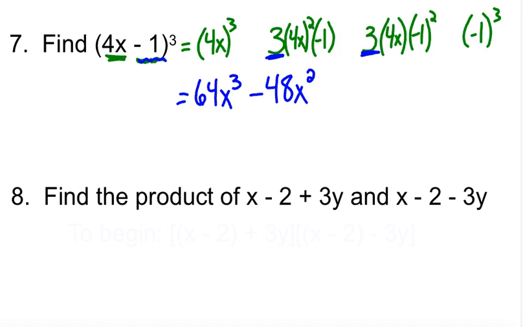On the next term, we have 3 times 4, which is 12, and then -1 squared. So that's going to be positive. So positive 12x. And our last term is -1 to the third power, which is going to be -1. Okay, so the signs just kind of fall into place based on that -1 when you take the powers of that. On the next two, I'll show you a couple more shortcuts.